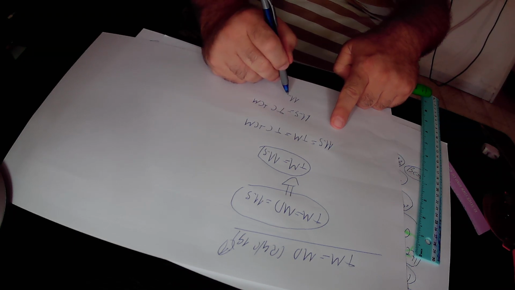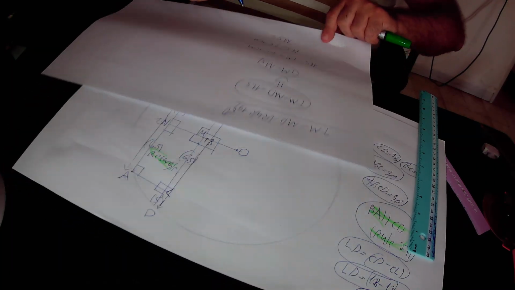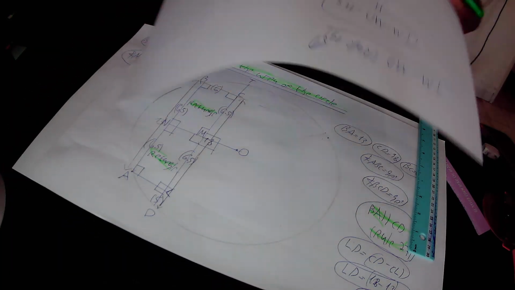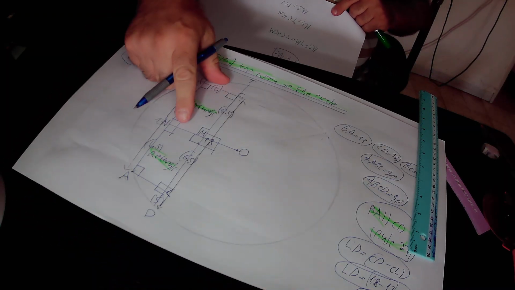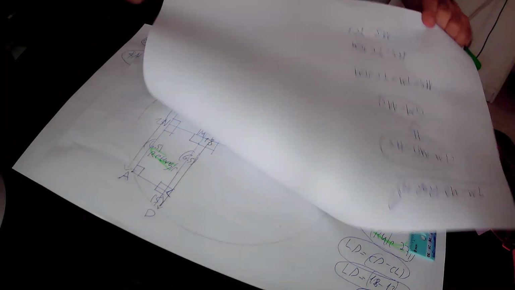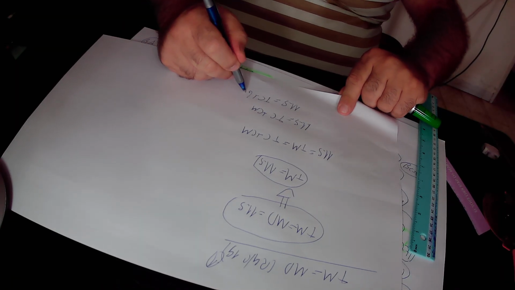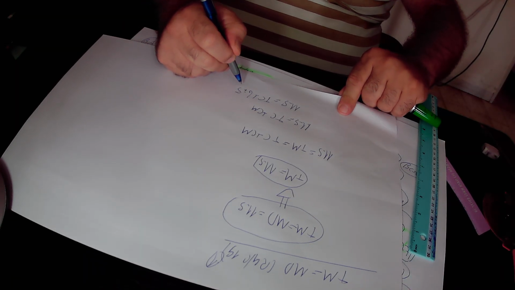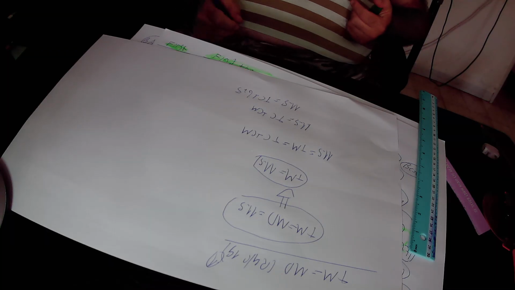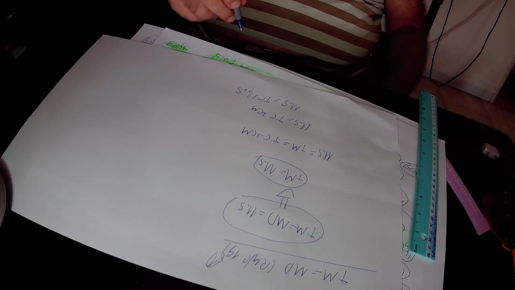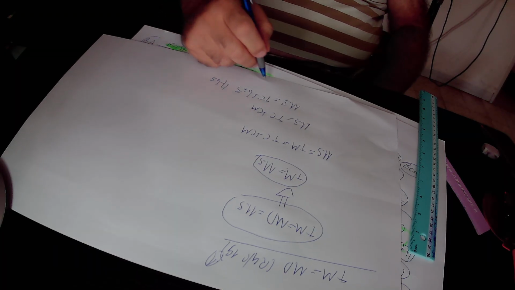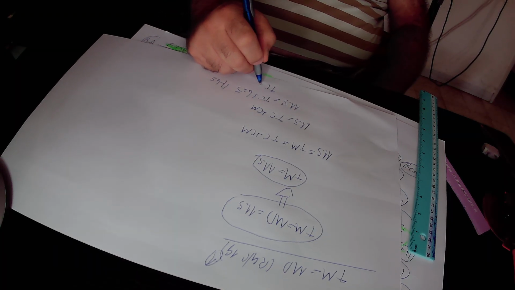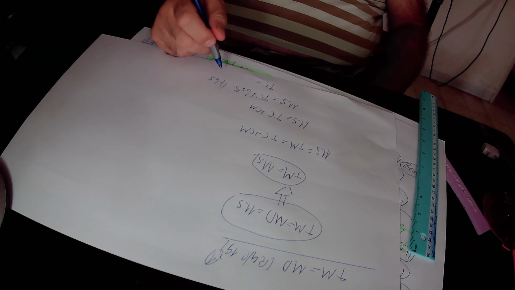TC is the missing side, so we leave it as it is. CM equals 6.5. So 11.5 equals TC plus 6.5. Here we will subtract 6.5 from this equation, and we get that the missing line segment TC is equal to 11.5 minus 6.5, which is 5.